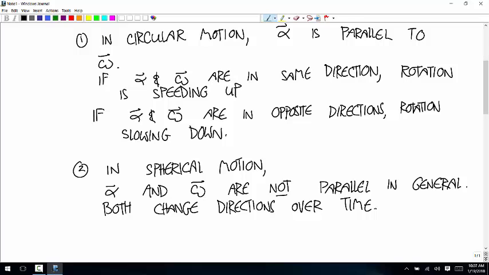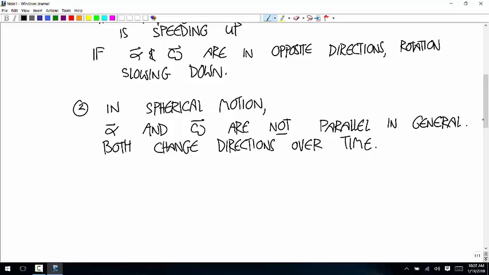Okay, so spherical is a lot more complicated to imagine. But the equations that you use to represent the motion of a particle that's in spherical or circular motion are the same.